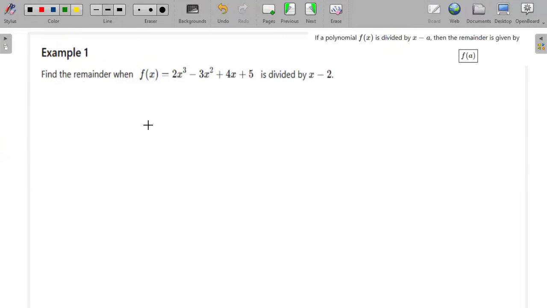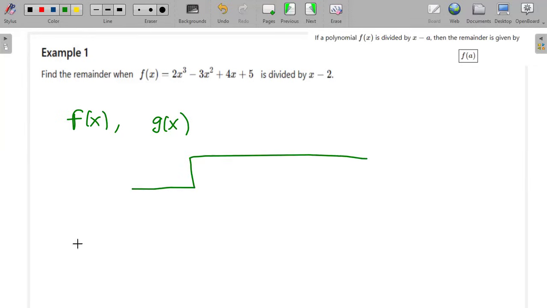I'll start with the long division method. So for example, if I'm given f of x being divided by, let's say, g of x, to use the long division method to find the remainder, I'm just going to write the symbol for division, you remember it, and then you put the function you're dividing with, the g of x, here, and then you put your f of x inside.